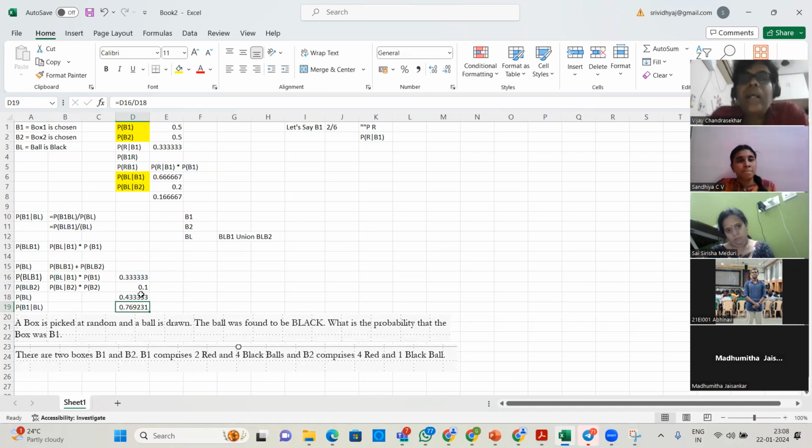All right. Remember, folks, what our intuition suggested? We thought that the probability that the ball came from box 1 was much higher as compared to the probability that the ball came from box 2. All right. I'm going to ask a question.